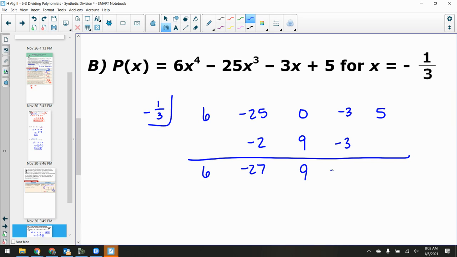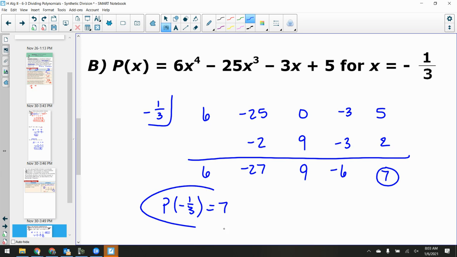Got to make it negative. Negative 6 divided by negative 3, positive 2. That's a 2. 7. 7. That's what I would get. Wow. That is a heck of a lot easier than trying to take that power. P of negative 1/3 is 7.